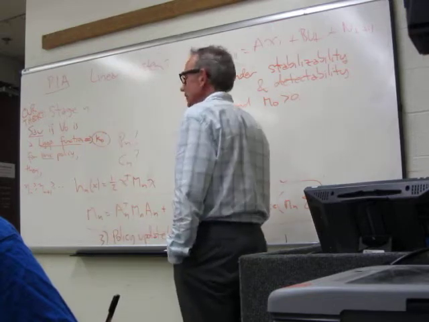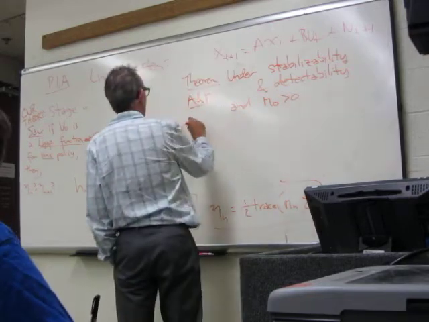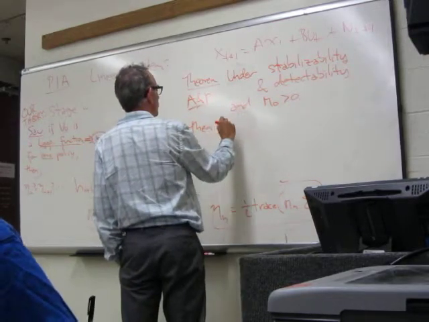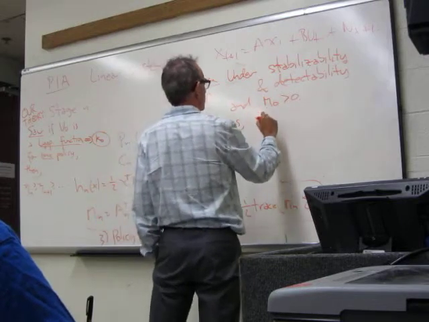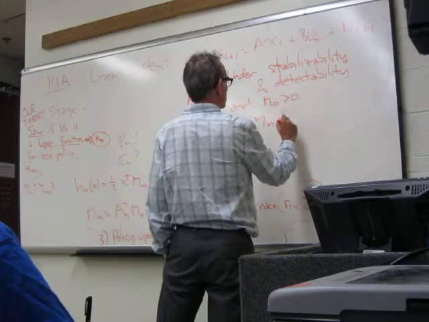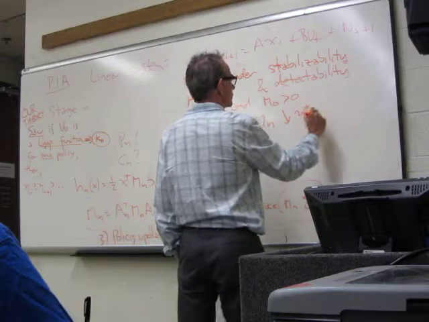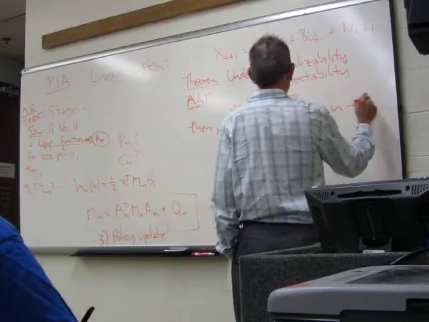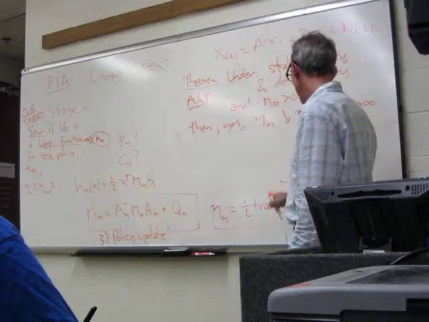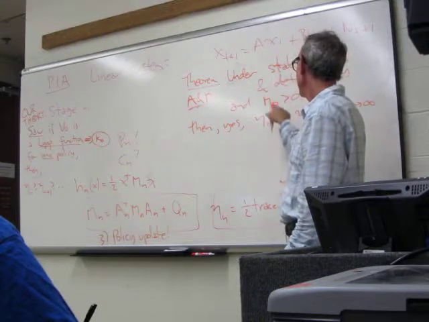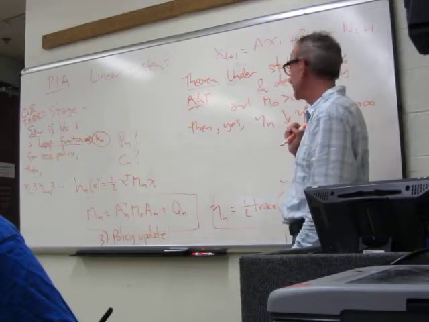Well, we see the etas decrease. So these etas defined in this way are decreasing and they converge to eta star.